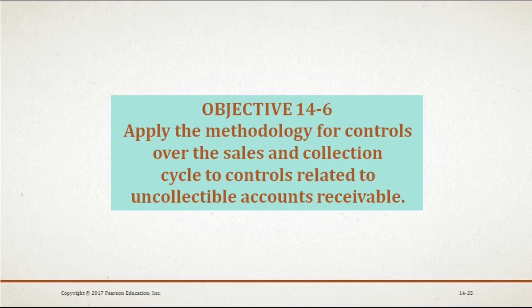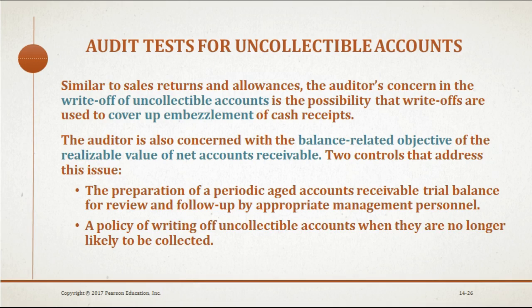We will now discuss the methodology for controls over the sales and collection cycle, two controls related to uncollectible accounts receivable. Similar to sales returns and allowances, the auditor's concern in the write-off of uncollectible accounts is the possibility that write-offs are used to cover up embezzlement of cash receipts.